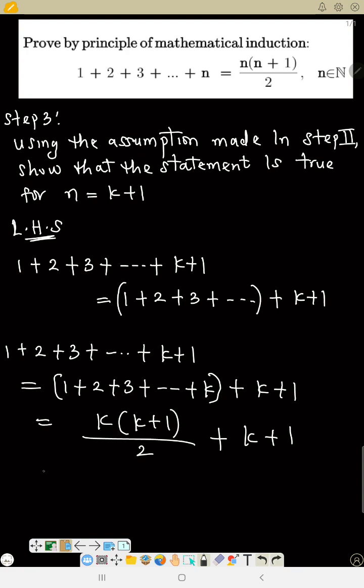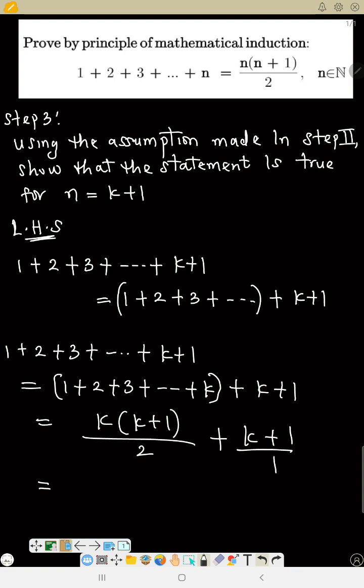Now this is equal to, you can actually find the LCM of this equation. So if you find the LCM, or you factor out k plus 1, anyhow you do it. Remember, the other term is over 1.